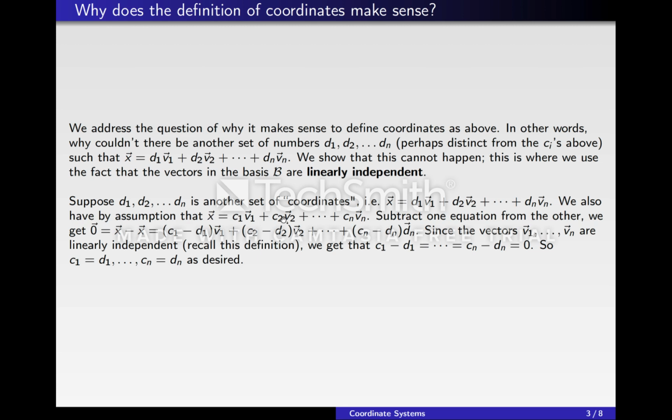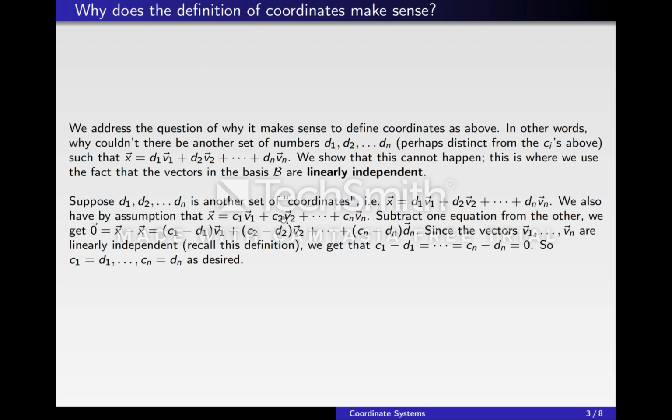Well, subtract one equation from the other, then you would get the following equation: x minus x, which is just the zero vector, equals c1 minus d1 times v1 plus c2 minus d2 times v2 plus dot, cn minus dn times vn. Sorry, the last term is cn minus dn times vn.